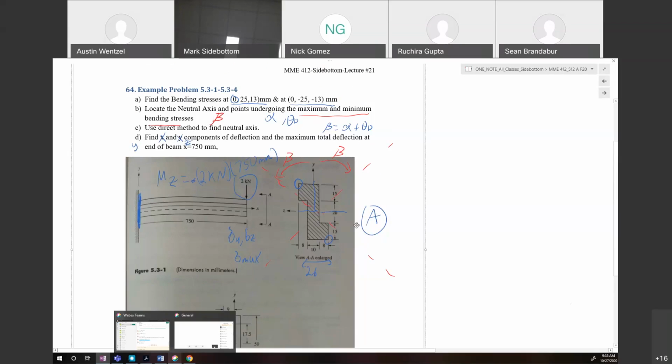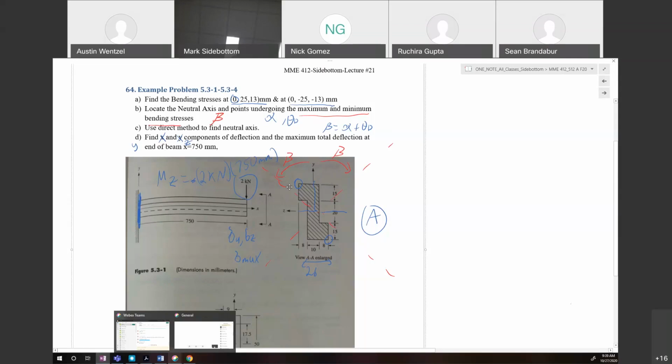We then showed how we could use the direct equation to solve for the angle beta to find our neutral axis. Once we had that, we could solve directly for the points that were undergoing the maximum and minimum stresses using the y and z coordinate system.